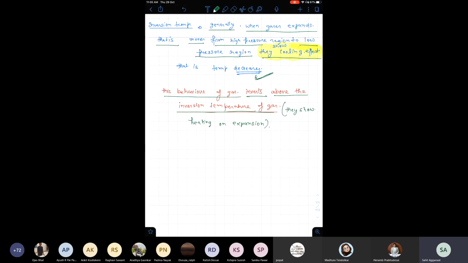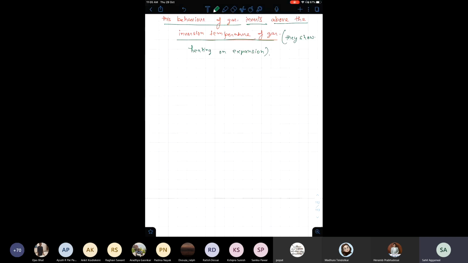Okay. Okay, sir. Got it. Understood? एक बार try कर लेते हैं whether you understood or not. For example, inversion temperature of CO2 is 25 degrees centigrade.